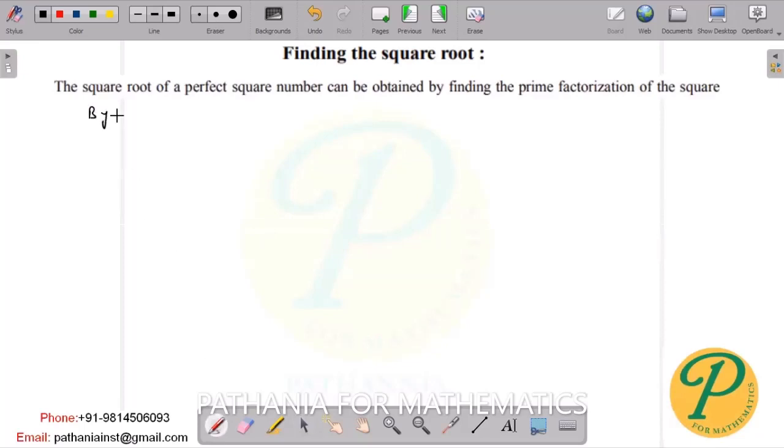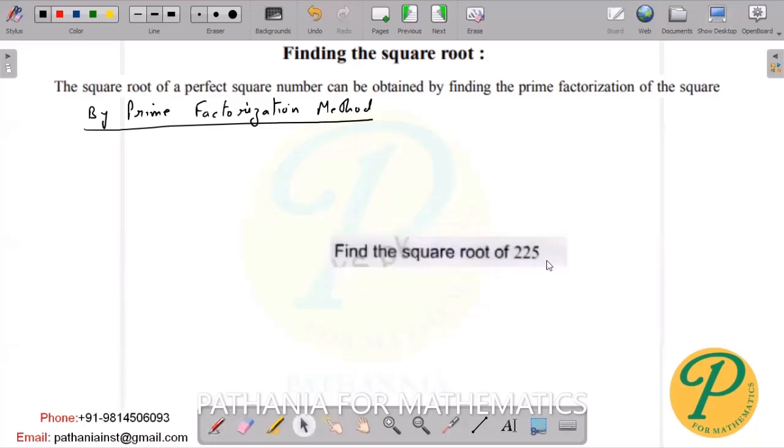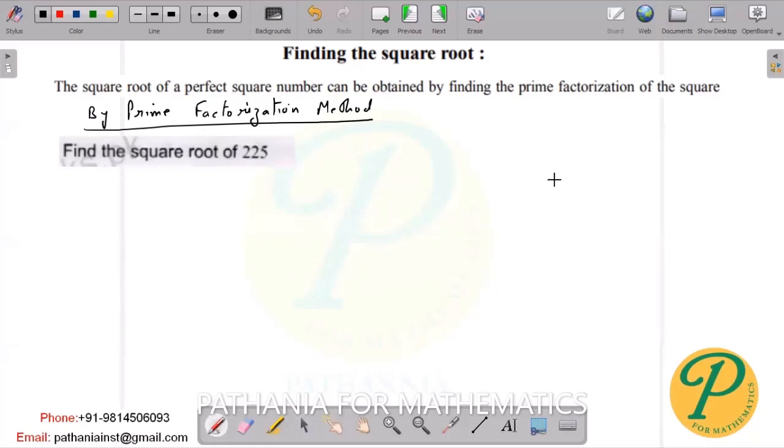For example, if you have to find the square root of 225, use the prime factorization method like this.